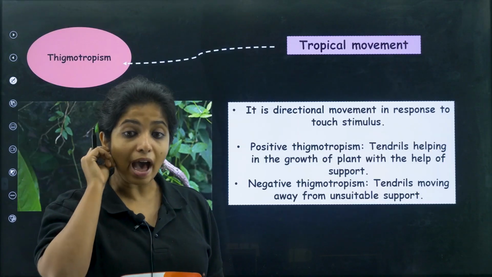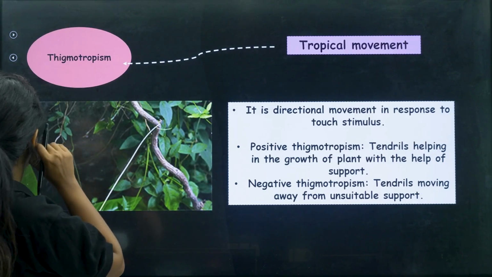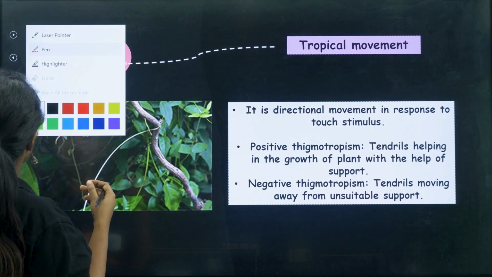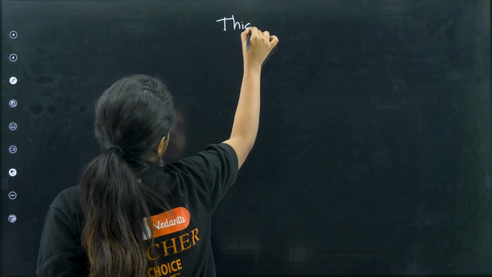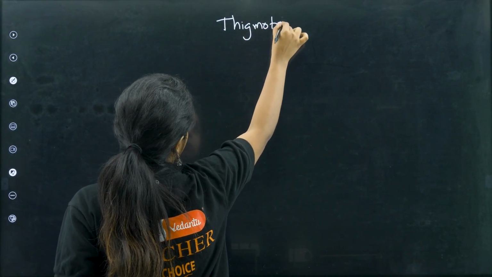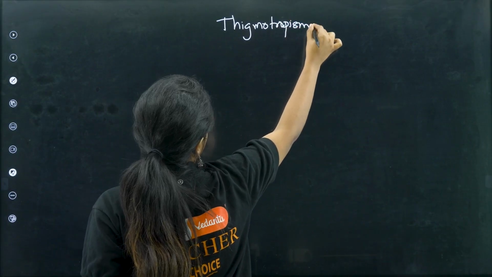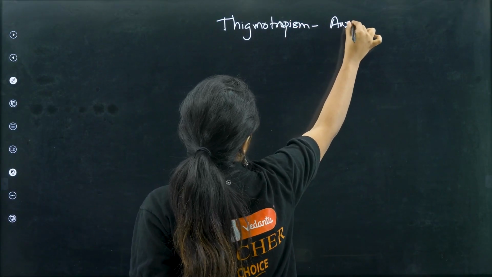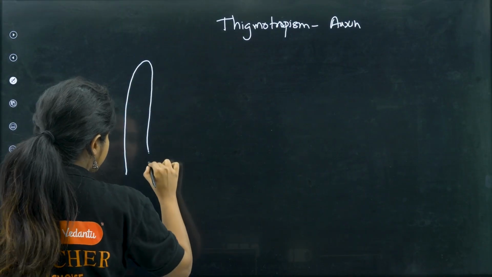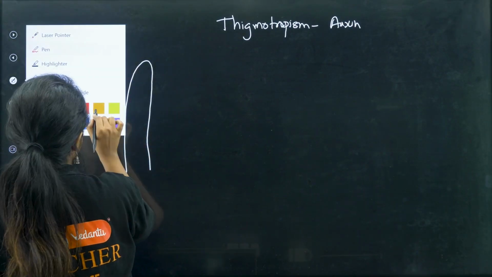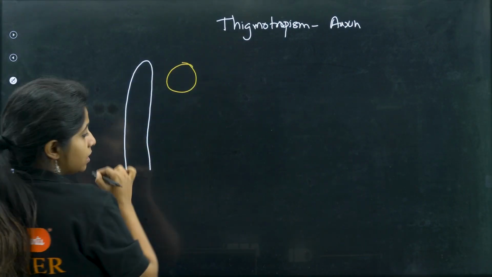Now over here you have to know why tendrils move like that. Again the same thing that was happening in the case of phototropism. Which was the hormone that was helping in the case of phototropism, children? It was auxin. Here also you have auxin. How can you show? So basically show a tendril up like this and show a support like this. This is the support.